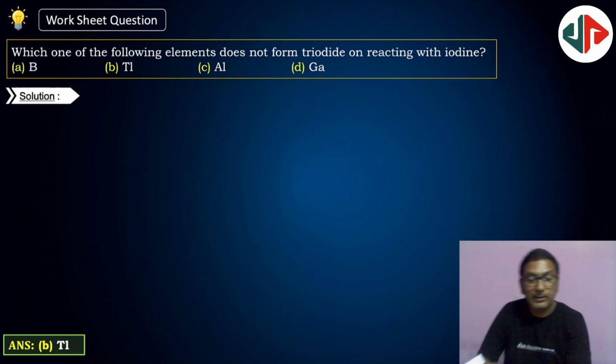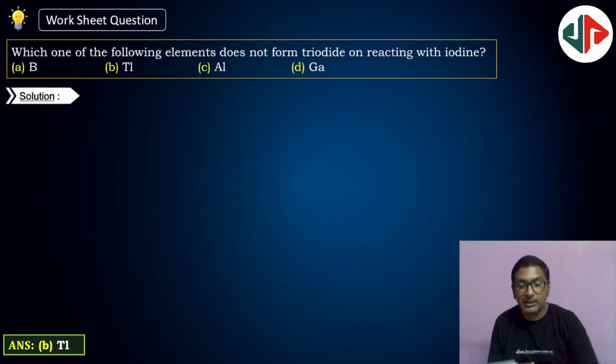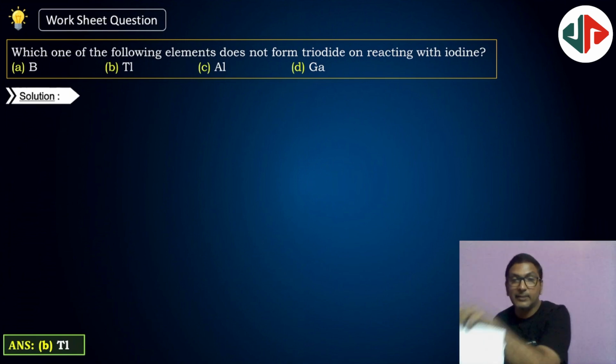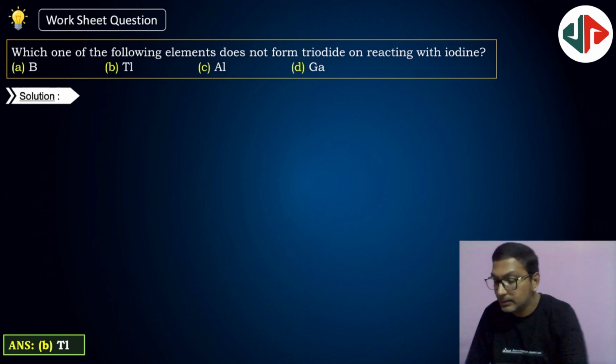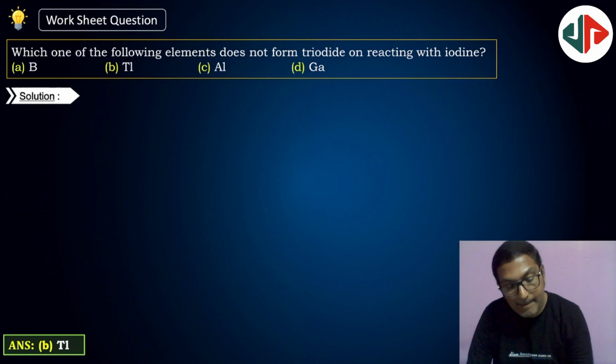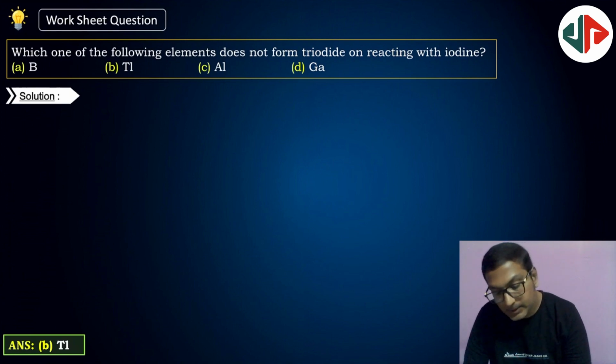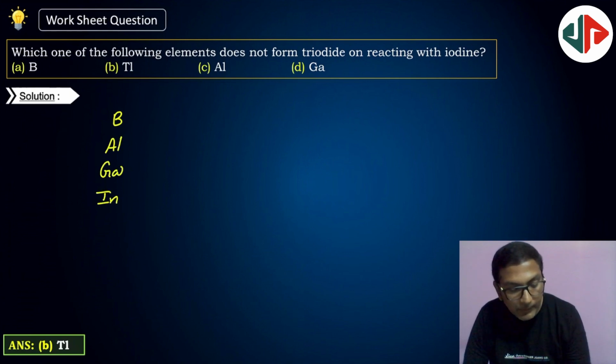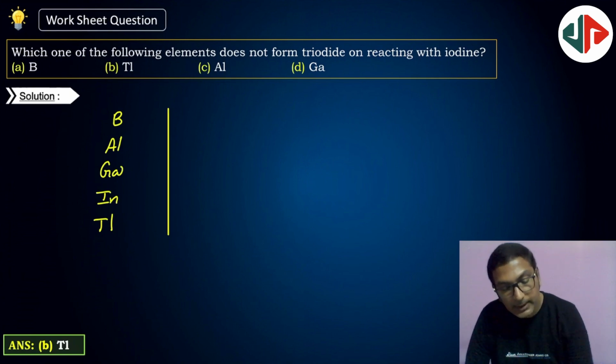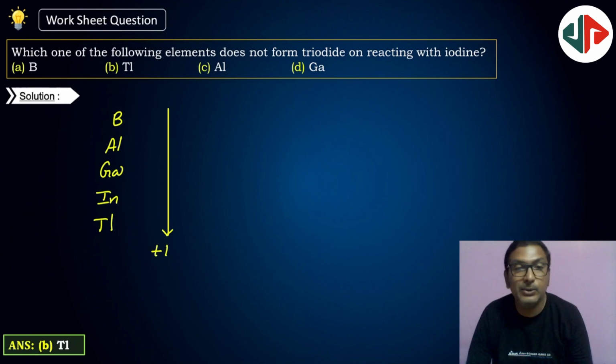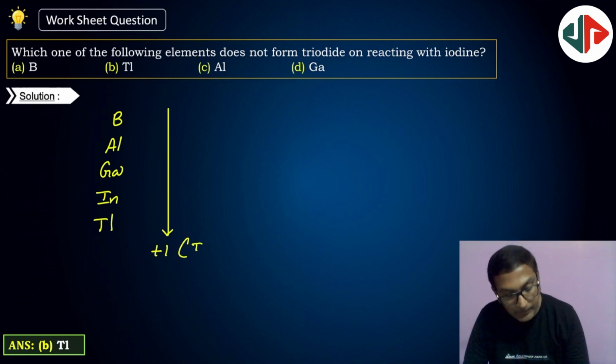So very important. Which of the following elements does not form triiodide on reacting with iodine? Triiodide. See here. Boron, aluminium, gallium, indium, thallium. From boron to thallium, plus one state increases due to inert pair effect.